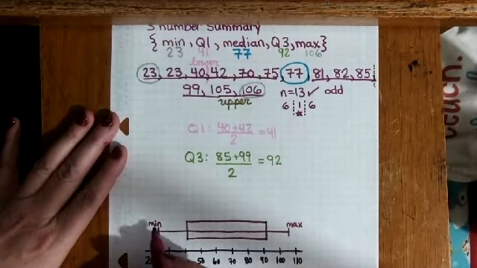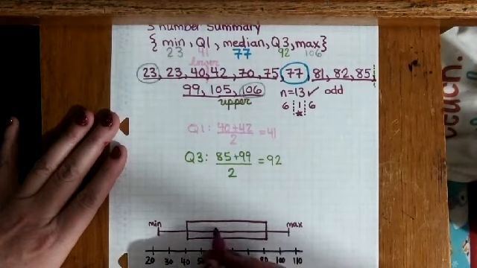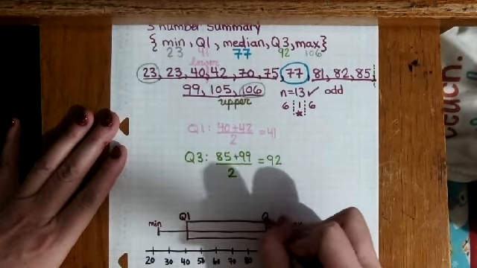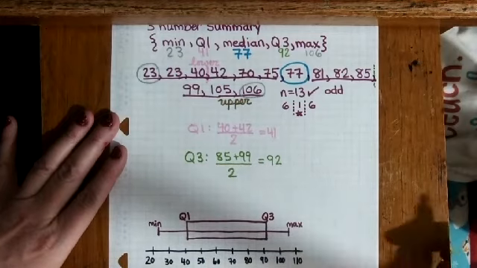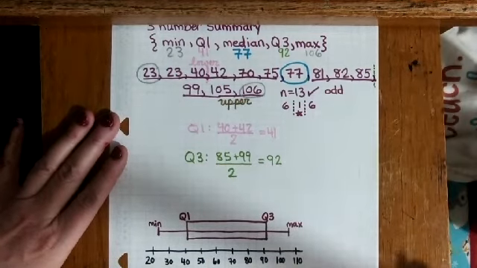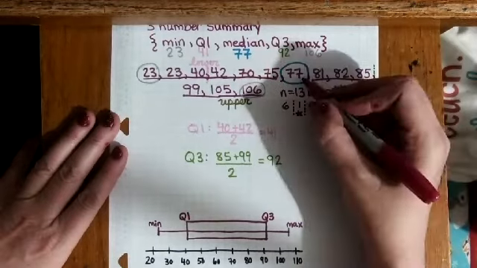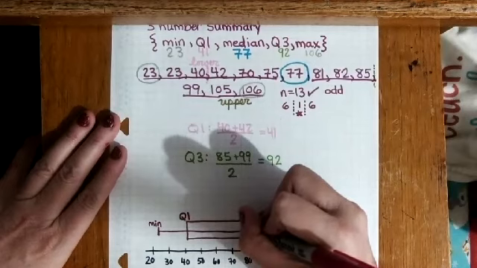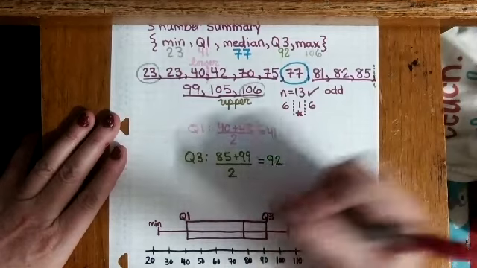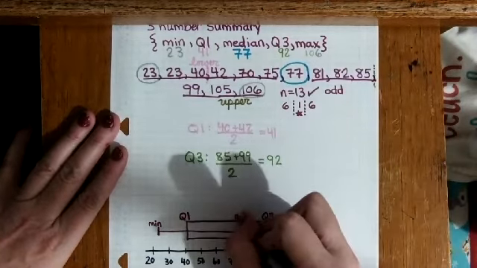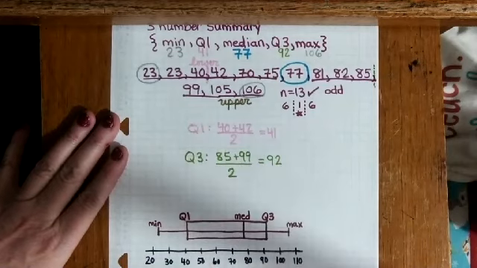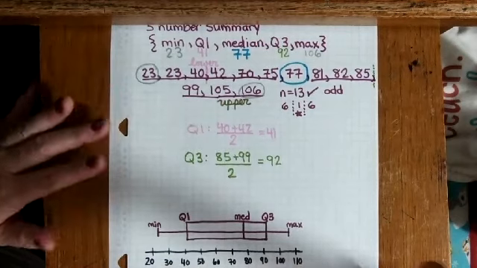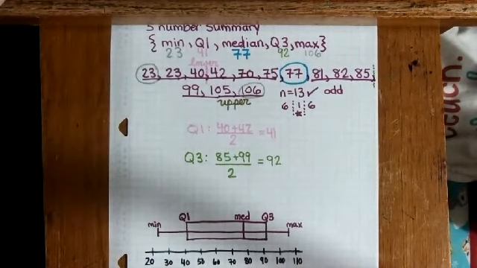So the whisker showed the min and max. The box shows the middle 50% of your data. And then finally, we put another vertical line at the median. And that's what a box and whisker plot looks like based off of this data.